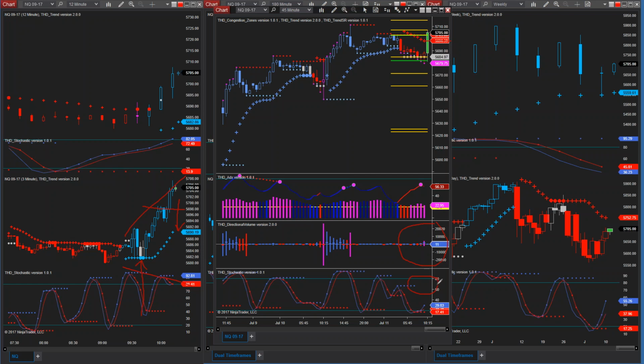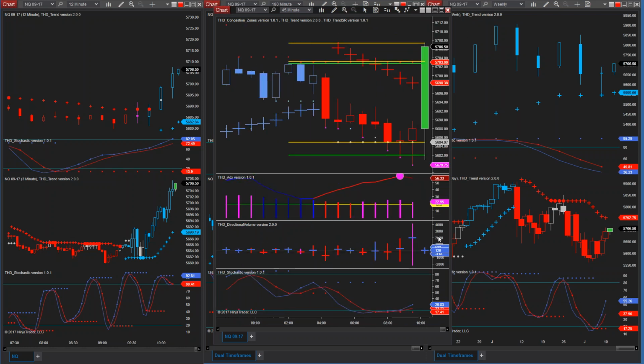Now, if you were reading the volume, and I'm going to have to kind of stretch this out so y'all can see it, because we did have the overnight session. But do you see on this volume bar right here, it made both a high and a low, but what happened on that volume bar? What happened was when that low was made right here, buyers stepped in and they pushed that delta all the way back up.